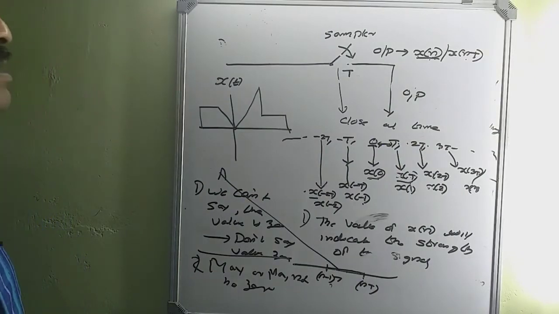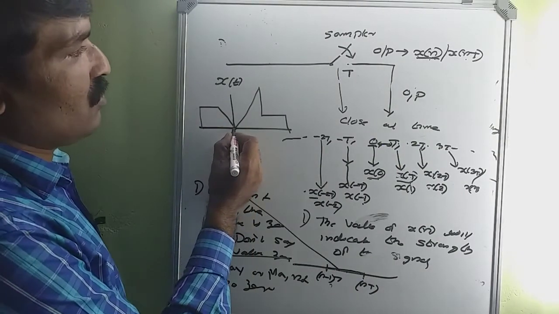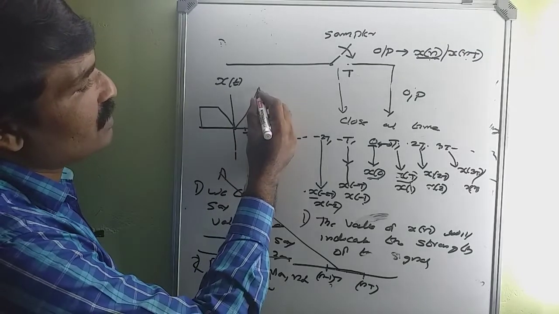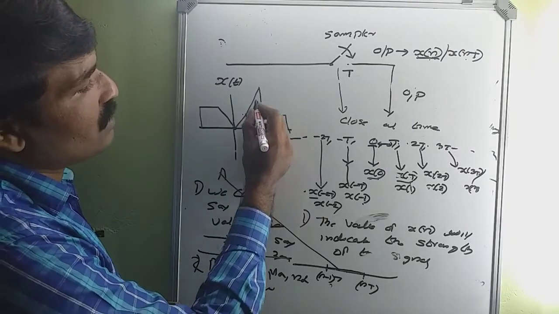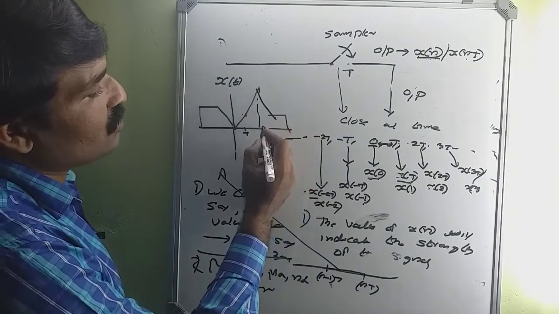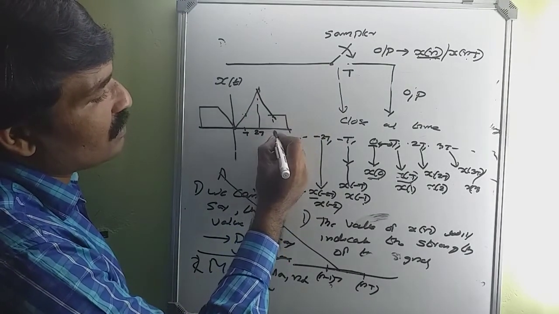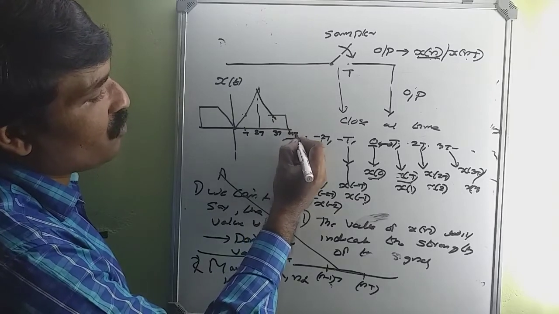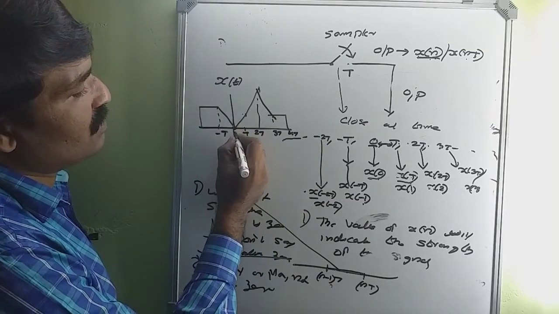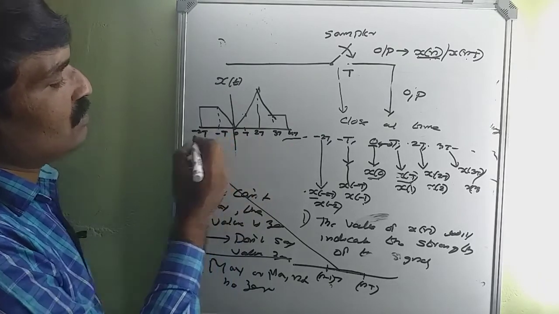Okay. Suppose this is t, then 2t, 3t, and 4t, minus t, 0, and minus 2t, the signal.